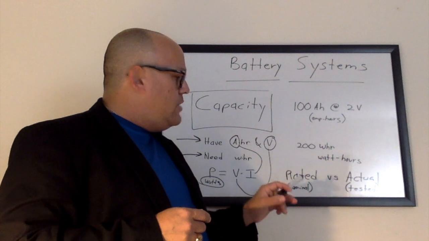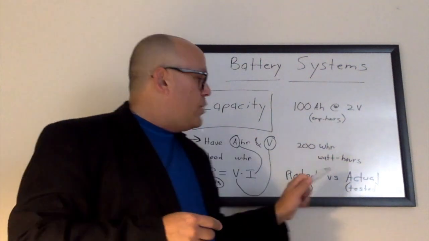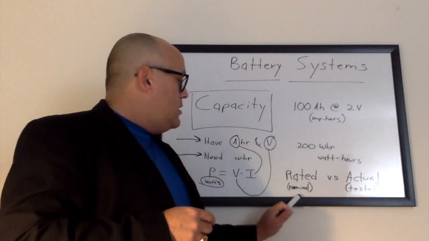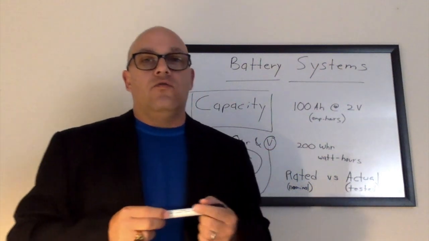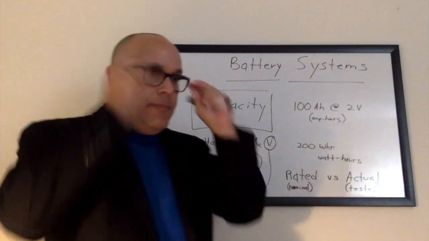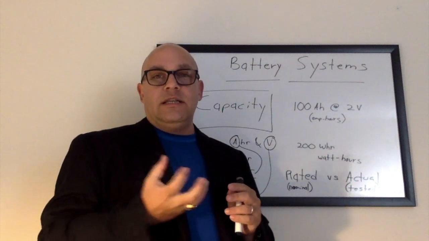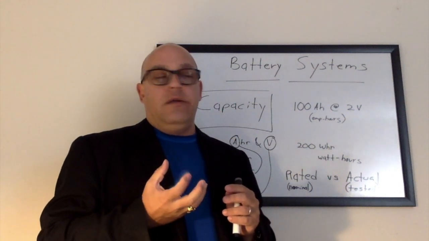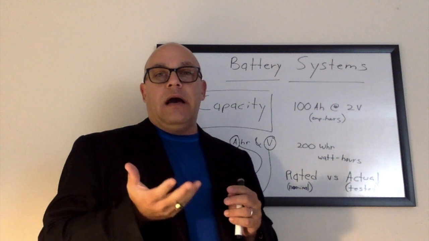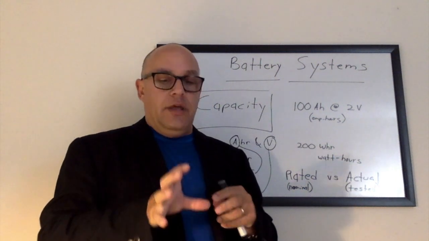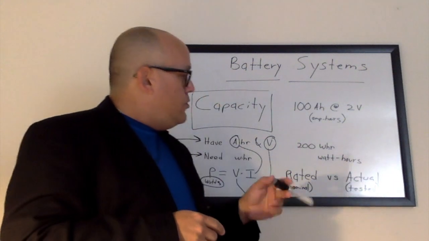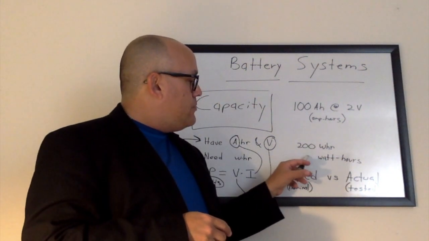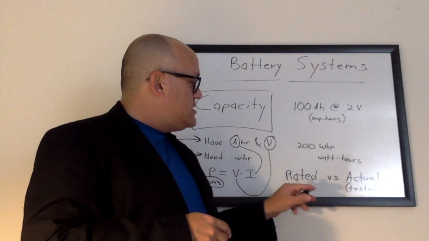You're also going to run into a phenomenon in batteries: rated versus actual, or nominal versus tested. And it's basically manufacturing issues, right? I manufacture something, and how far does it deviate from specification? It can be ball bearings, tires, cars, or whatever. You're going to have some deviance from specification, some tolerance, right? So you get a 200 watt-hour or 100 amp-hour cell.